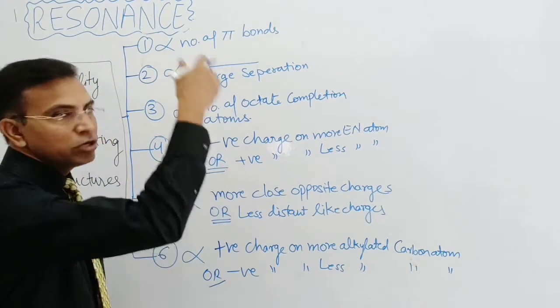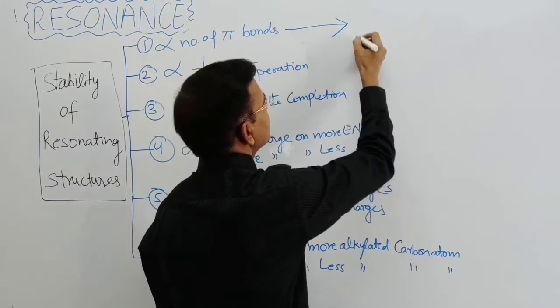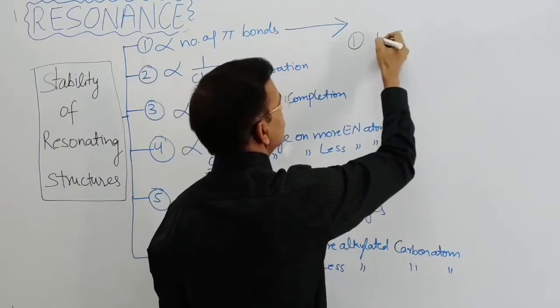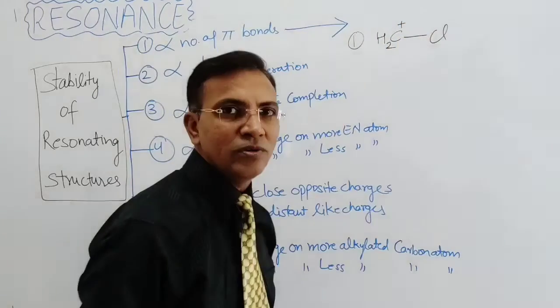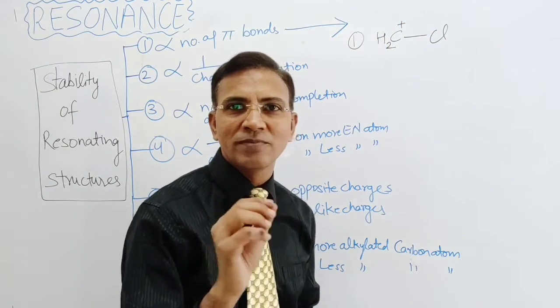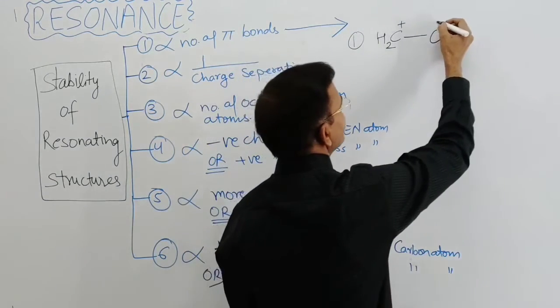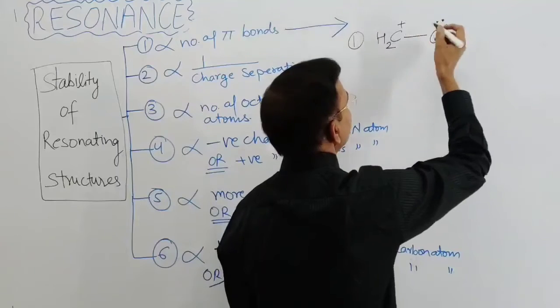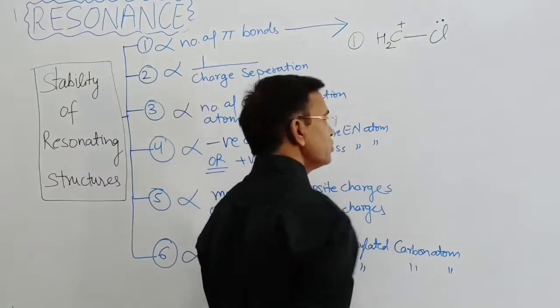Let's take the questions as examples one by one. First question is CH2 positive Cl. You know the lone pair of electrons is present on the chlorine atom. So chlorine possesses a lone pair, and here is a positive charge, lone pair, sigma bond, and the positive charge, conjugation is there.